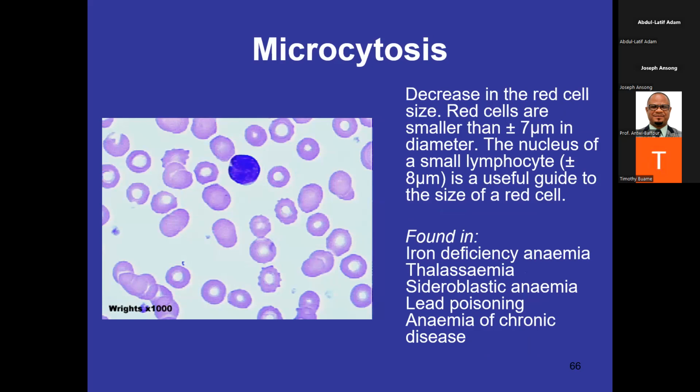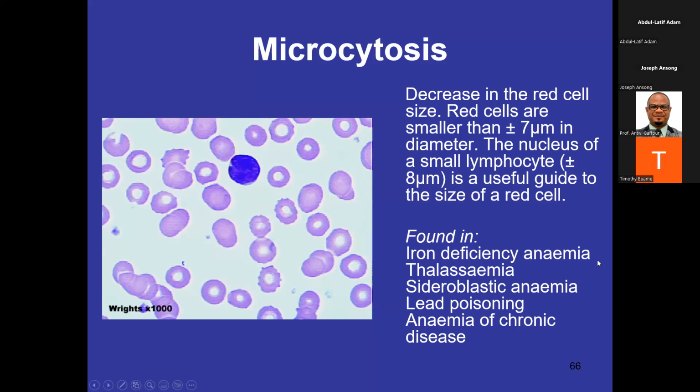Then iron deficiency gives microcytosis. The red cells are smaller than 7 microns in diameter instead of the normal 9. They look smaller than the nucleus of a small lymphocyte, which is about 8 microns; they are even less than that.